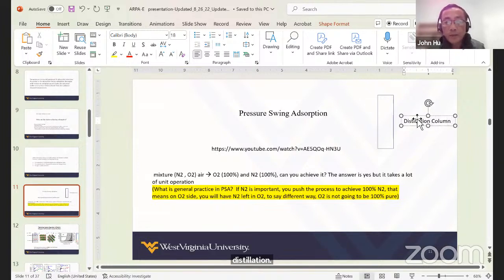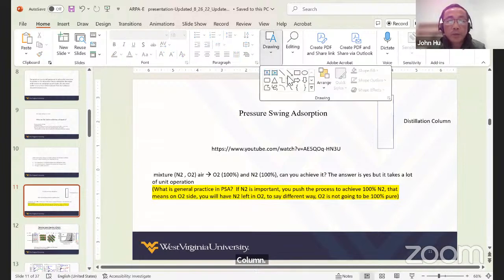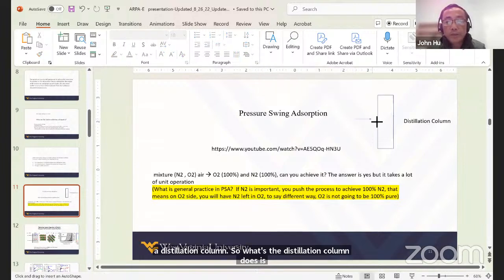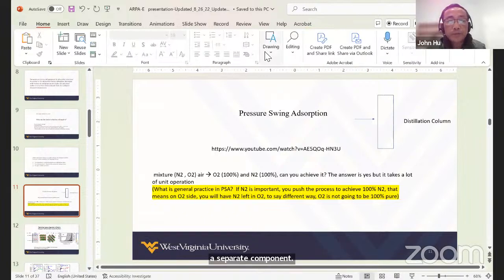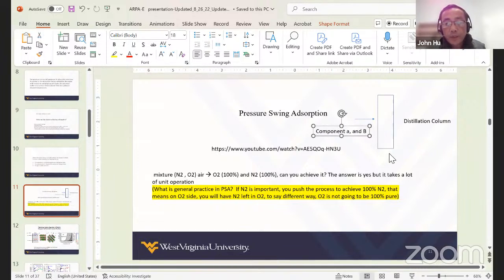So what the distillation column does is it separates components. Let's say you have components A and B coming into the column. On the top, this is called distillation. All right.